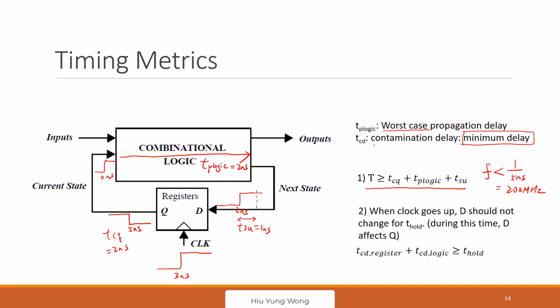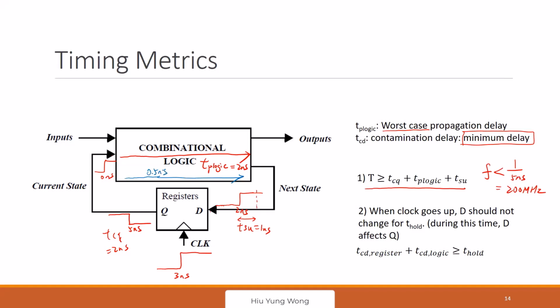Now you might see something already. What if I have a certain input pattern? It goes very fast. Once I copy to here, what if this one has a contamination delay of, let's say, 0.5 nanosecond?